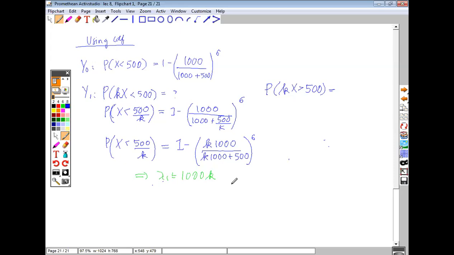So it will be probability x greater than 500 by k is equal to 1 minus, given that before reinsurance. Before reinsurance means that the claim amount does not exceed the retention limit.